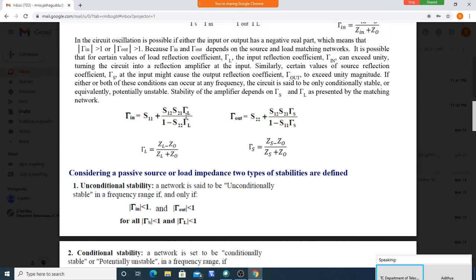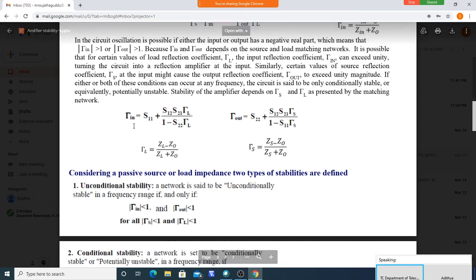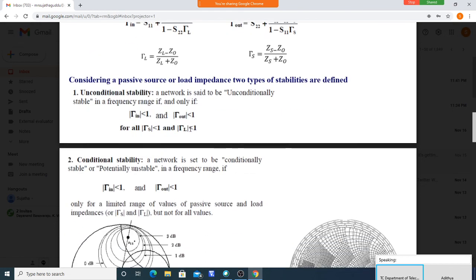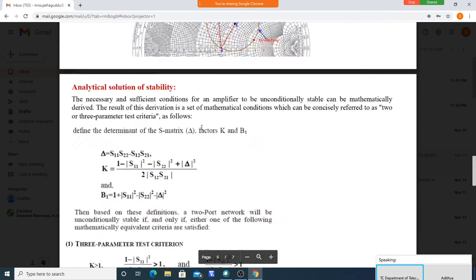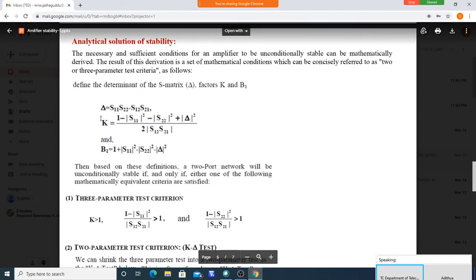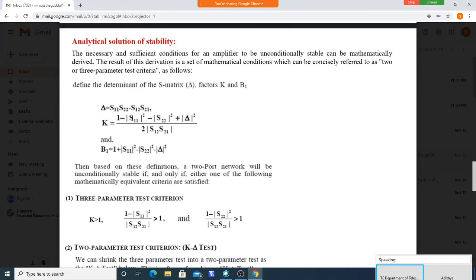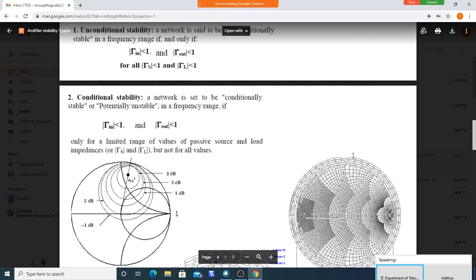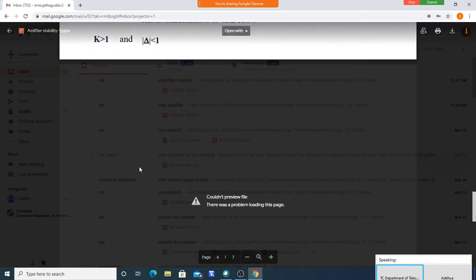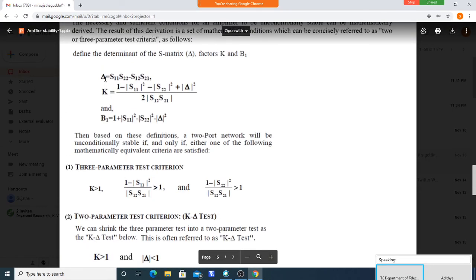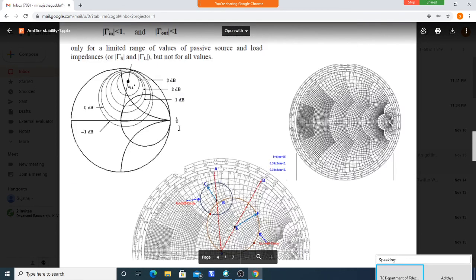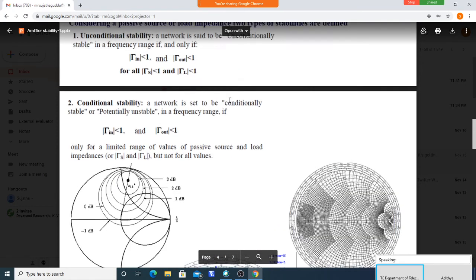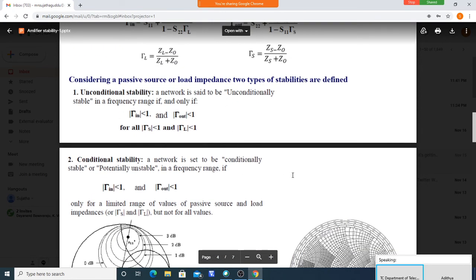Γin and Γout are always lesser than 1 for any values of ZL and ZS you take. But the easy way is by checking delta and K. If these two values satisfy the conditions, it always becomes unconditionally stable. In the next class we will see what values we have to consider for delta and K to give unconditional stability.